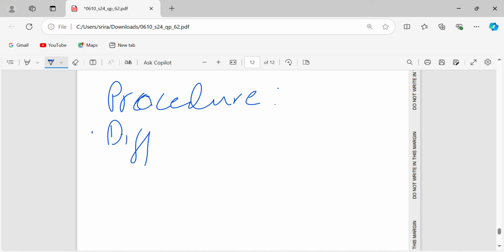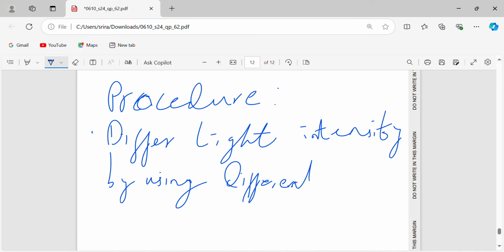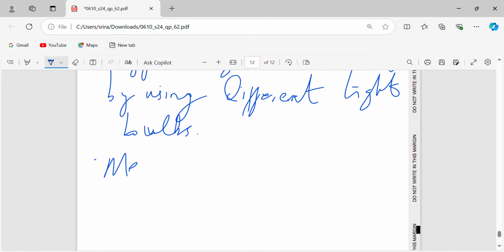Vary light intensity by using different light bulbs, and then measure angle of what?